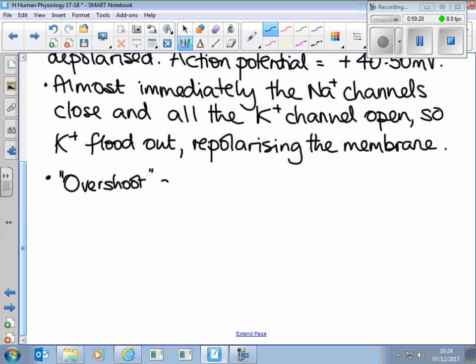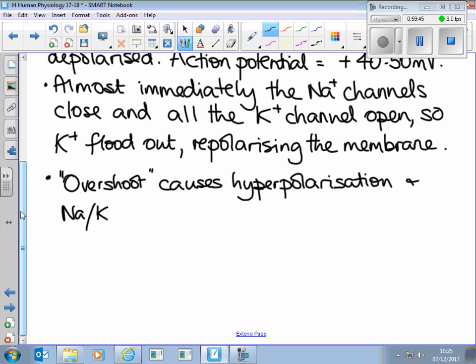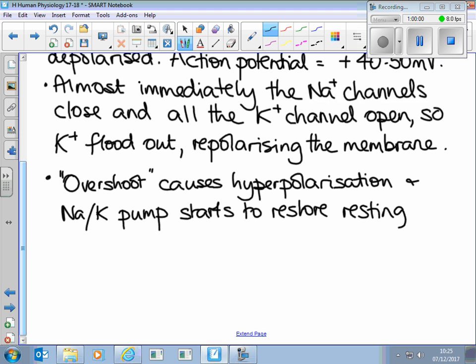But the overshoot causes hyperpolarization, and then we're back to square one here, where the sodium potassium pump starts to restore the resting potential. Now, while it's doing that, the membrane can't respond.